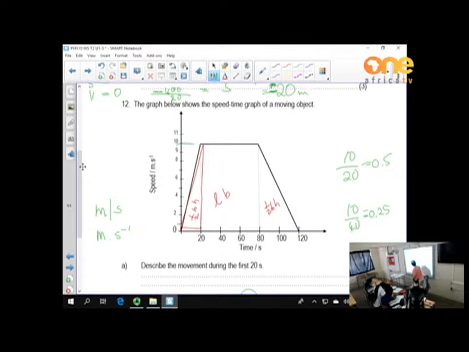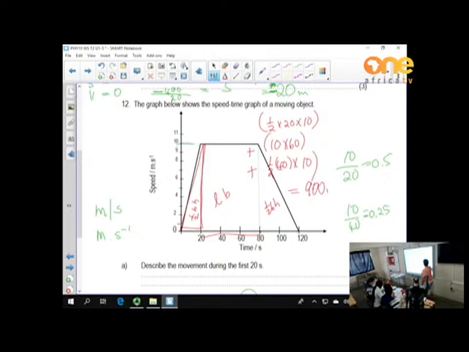So I will have half of 20 times 10 plus 10 times 60 plus half of 40 times 10. We add all that together and we will get 900 meters.